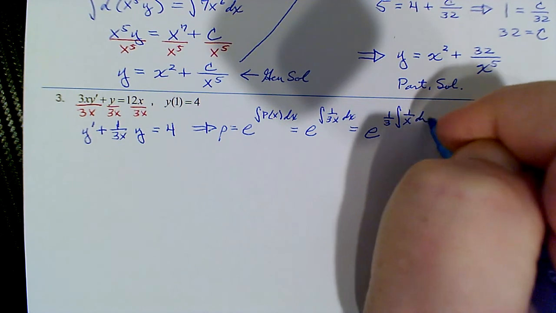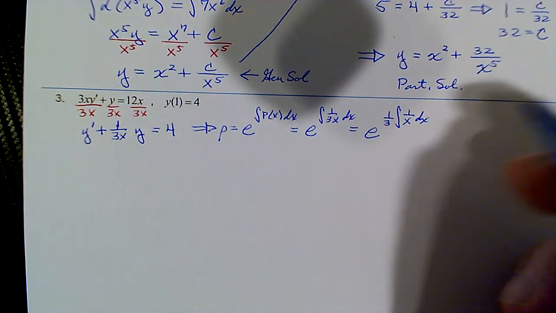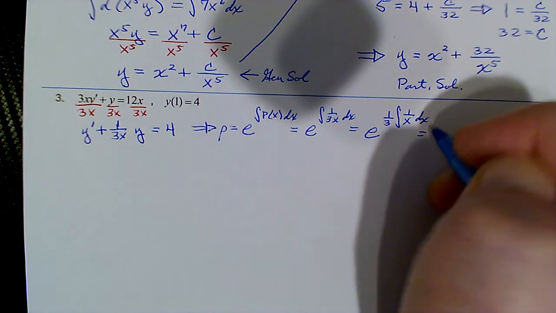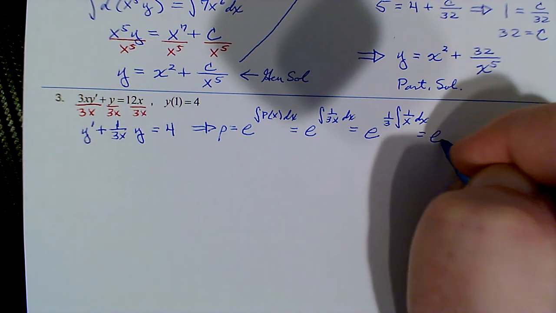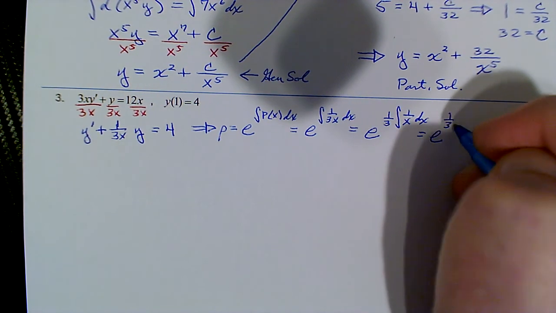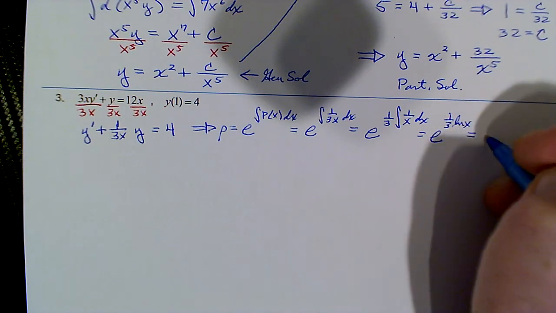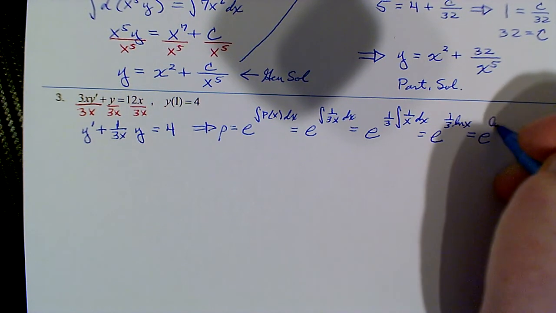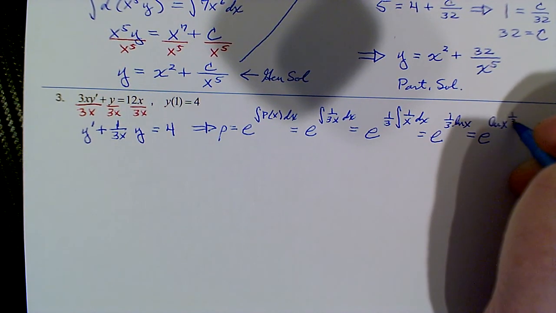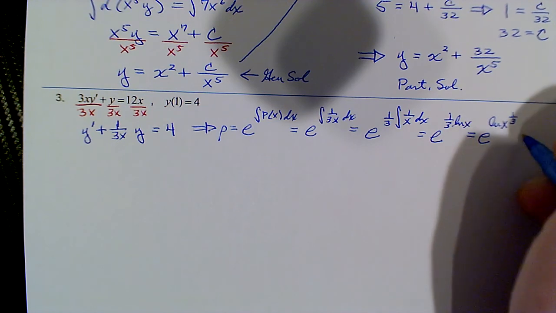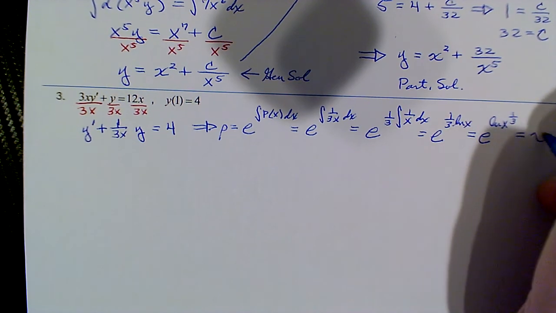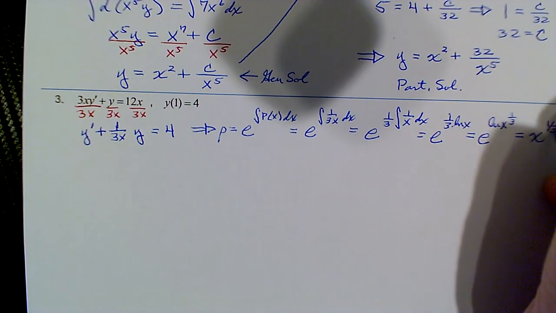And then we have the integral of 1 over x with respect to x. Okay, which is the natural log again. So e to the 1/3 natural log x. Use the power property in reverse. E to the natural log of x to the 1/3. And then finally the inverse property. And we get x to the 1/3.